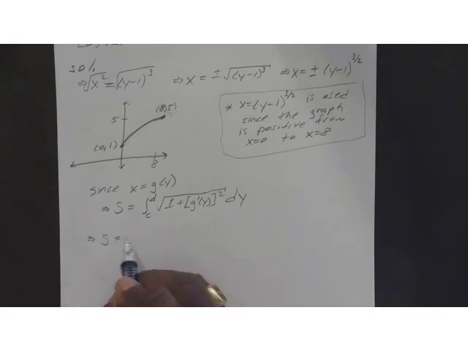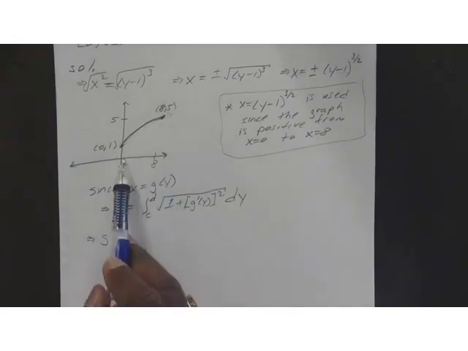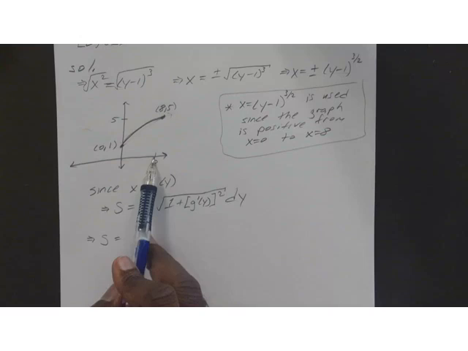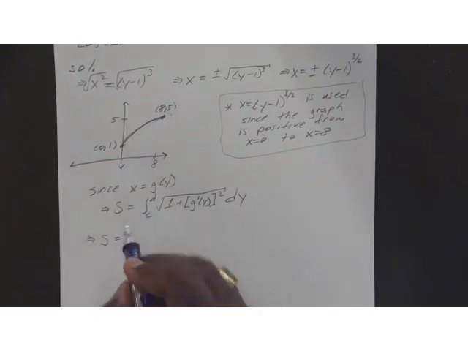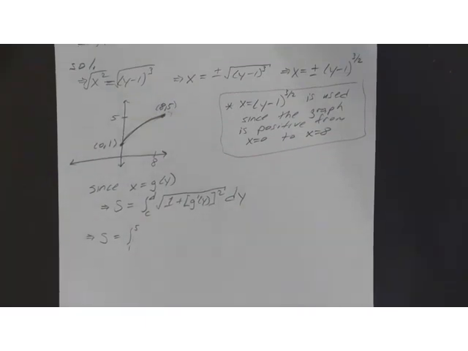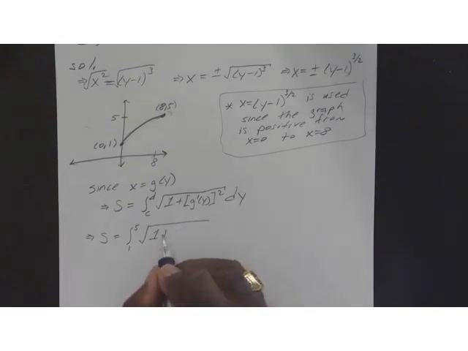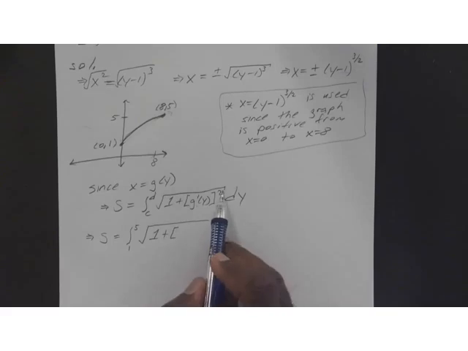That means our arc length equals the integral. And remember, for the x-axis, it's from 0 to 8. For the y-axis, it's from 1 to 5. Times the square root of 1 plus g prime of y squared.